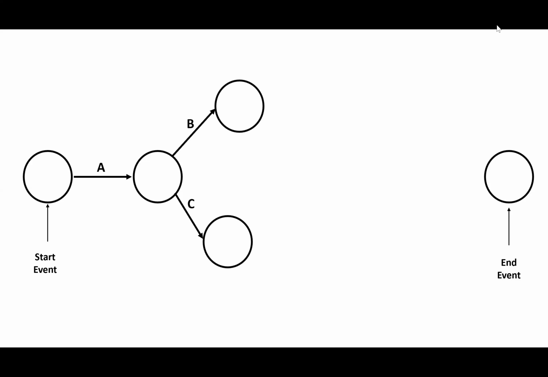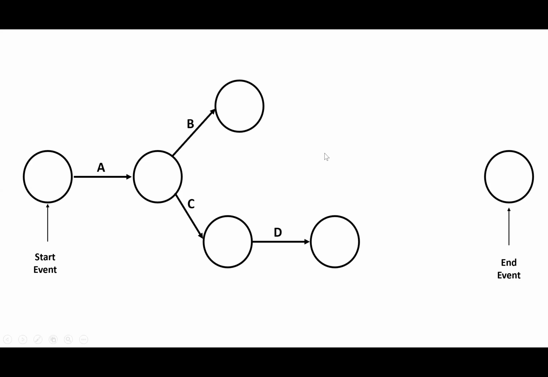And then we have activity D coming out of C, because activity C precedes activity D, meaning that activity C must be completed before D is started. Sorry about that.